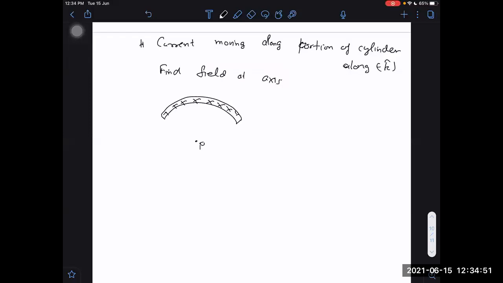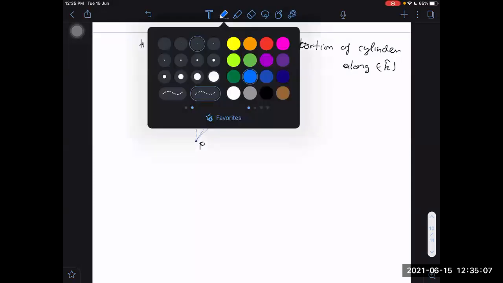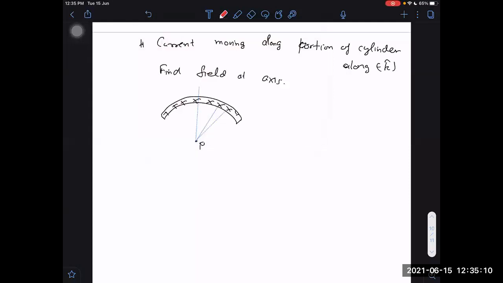How to find it? Again, take some small element. This is a wire, dI current, and I can say dI divided by dl will be equal to k.